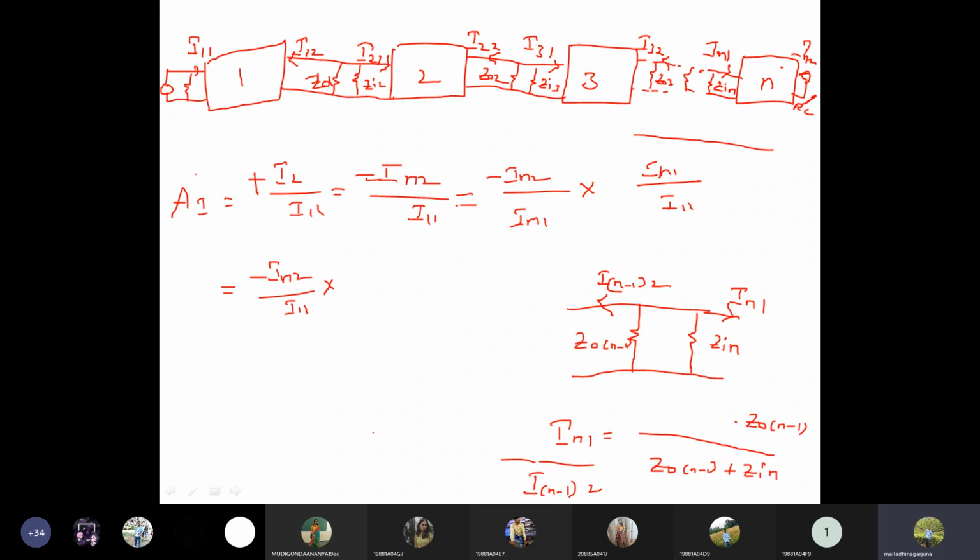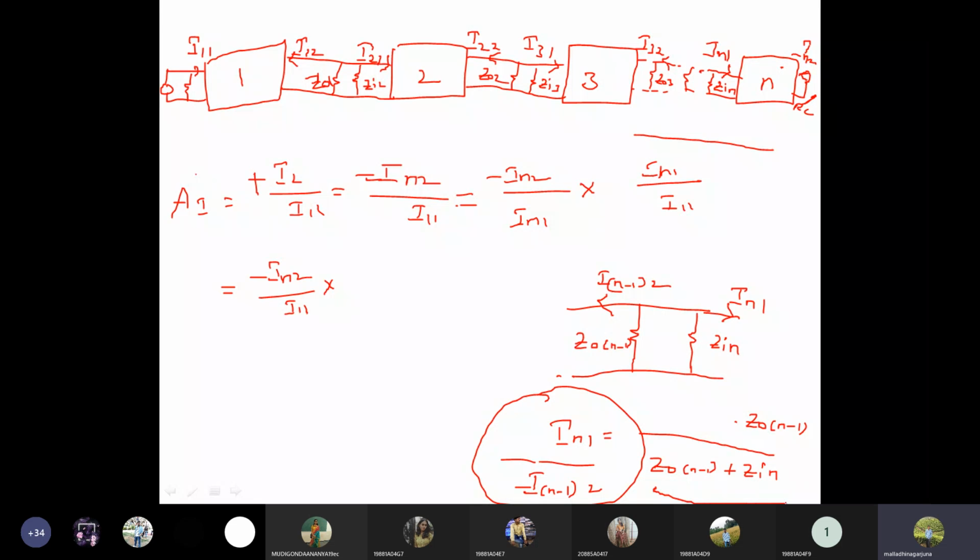Okay, so I_in1 by I_in2 equals Z0 of n minus 1 by Z0 of n minus 1 plus Zin. So similarly, when you are transferring from the input of one stage to the output of the previous stage, from the input of the present stage to the output of the previous stage, you have to take the product of this.